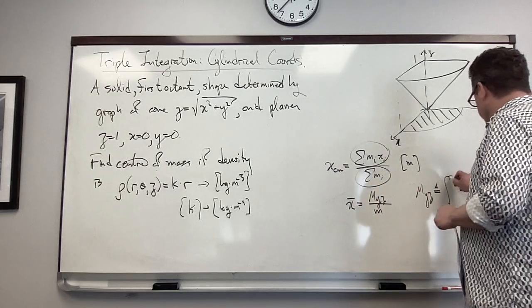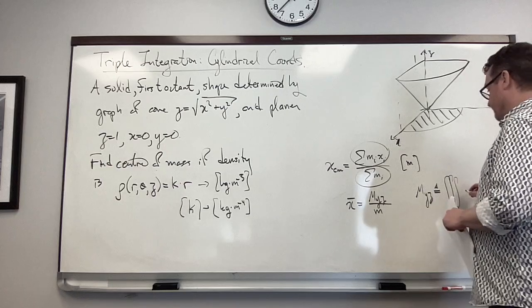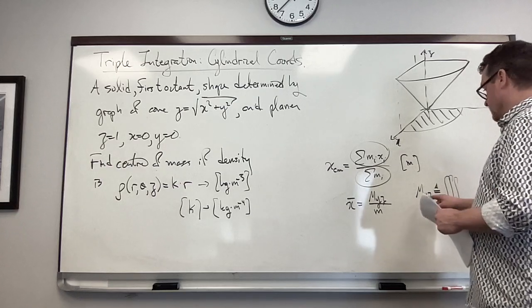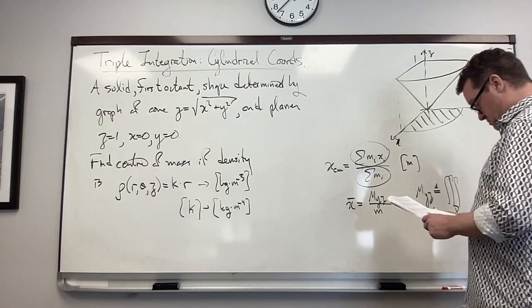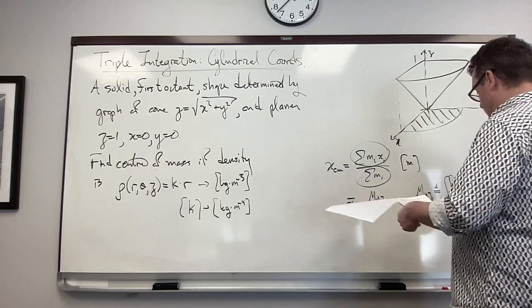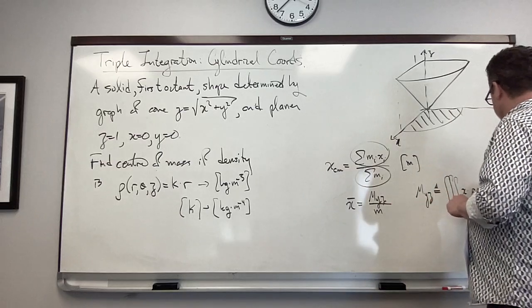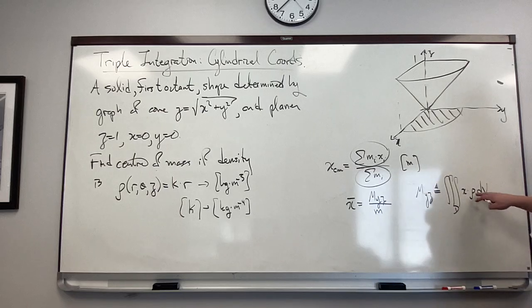the triple integral over the region of, well, MYZ would be the distance x times the density times the volume. So basically, density times volume element is a little mass.